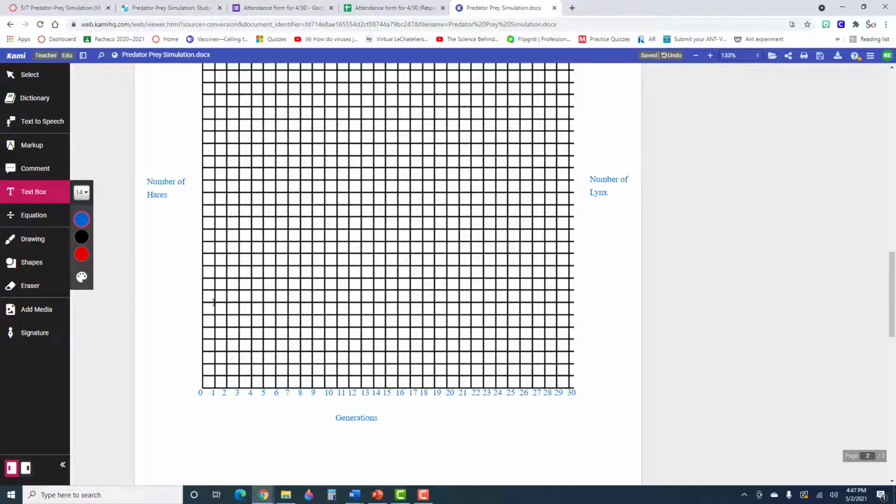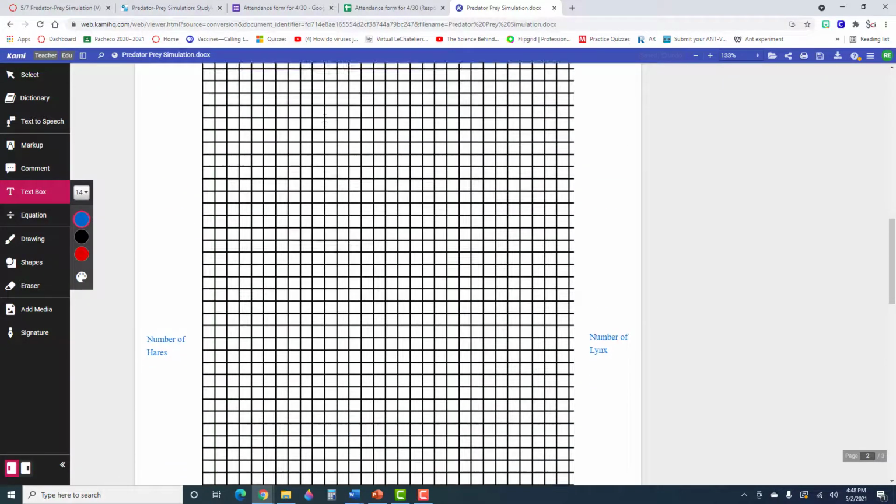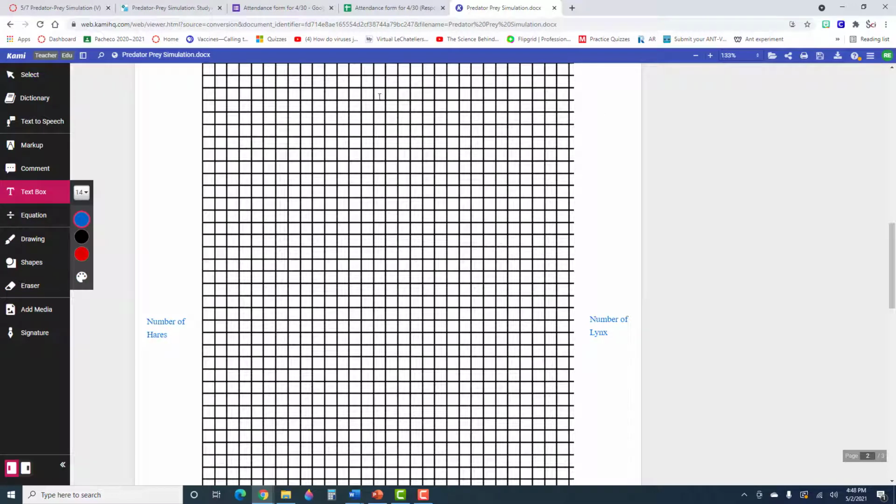So if we graph them on the same axis, the lynxes, which never got above 75 was the largest, would be down here with their data. And then the hares, which got up to 446 was their largest, so they'd be like way up here.